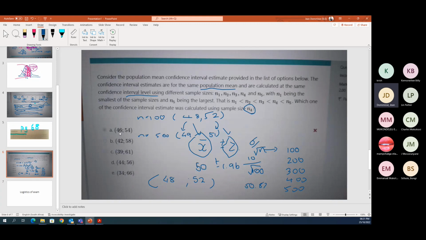Okay, so basically how we look at this is to say, which one on this side is the second highest number?